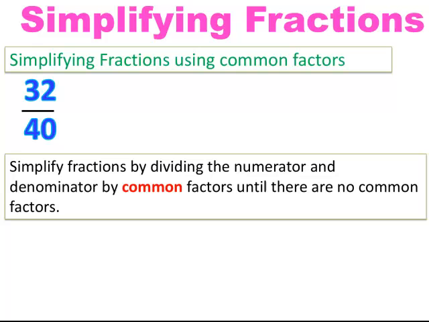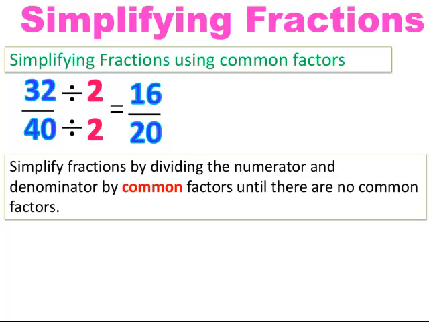If I don't know what the highest common factor is, I could divide out the factors that I know they have in common. When I see two even numbers, I know that I can divide out 2. So I would divide out 2, and I would get my new fraction, 16 over 20.